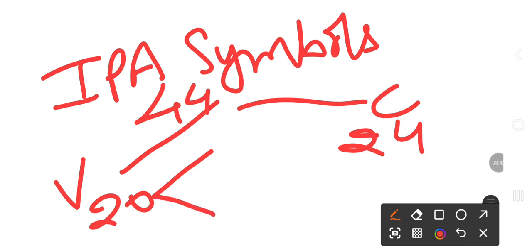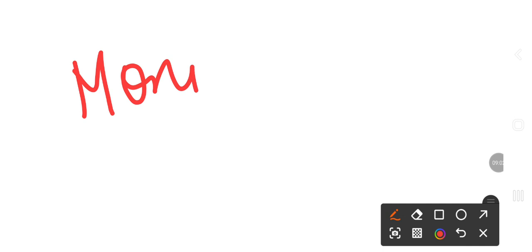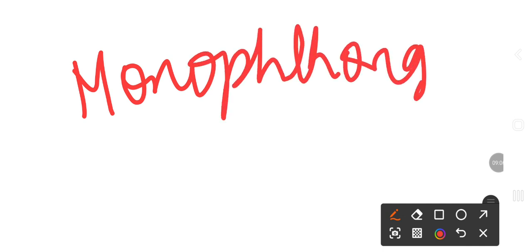Then these 20, listen carefully, have also been divided into monophthongs and diphthongs. I will write them later, but I am telling you: monophthongs and diphthongs.